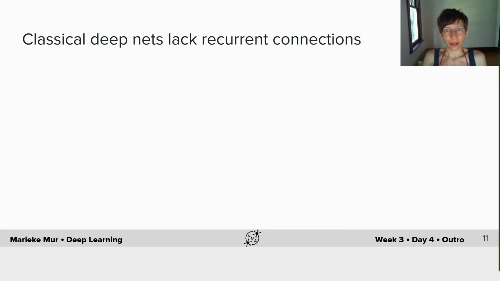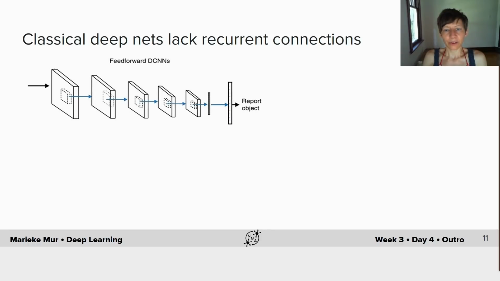So let's focus on network architecture now. One important issue is that classical deep convolutional neural networks, which are the standard in the field, lack recurrent connections. The image here shows a schematic of a classical, purely feed-forward deep network. Information can only flow in one direction, from input, the image, to output, the category label.